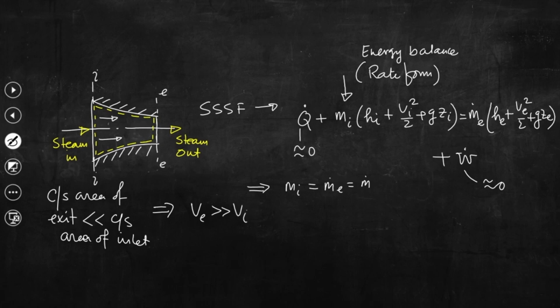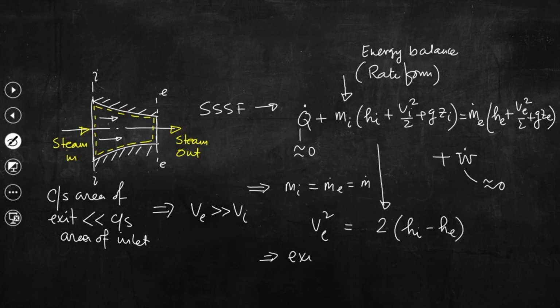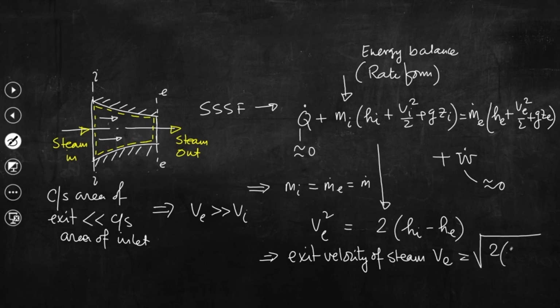So, basically if that is the case, from this particular equation we can write that V_e square equal to 2 into (h_i minus h_e). Therefore, the exit velocity of steam V equal to square root of 2 into (h_i minus h_e).